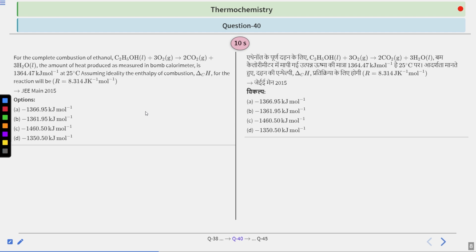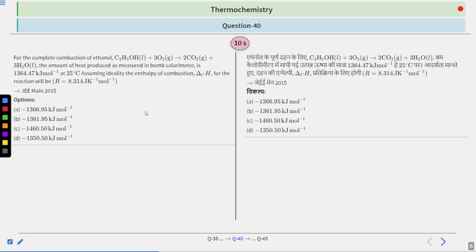Assuming ideality, the enthalpy of combustion for the reaction will be, your options are A. Minus 1366.95 kilojoule per mole. B. Minus 1361.95 kilojoule per mole. C. Minus 1460.50 kilojoule per mole. D. Minus 1350.50 kilojoule per mole.